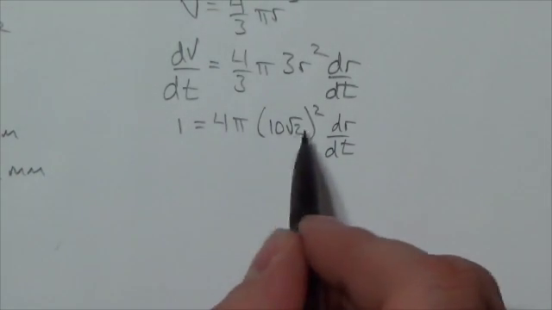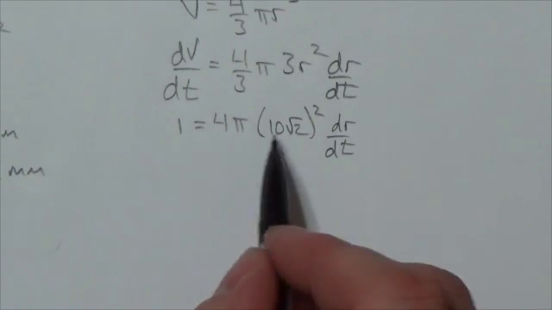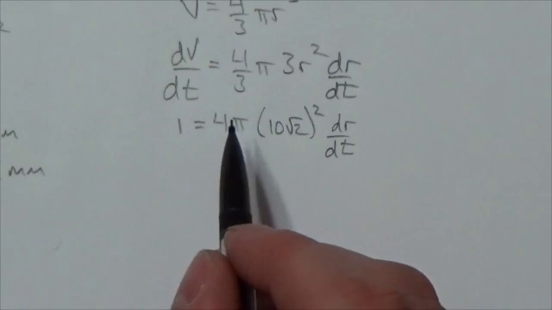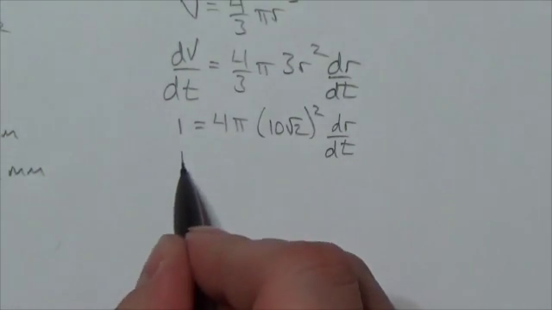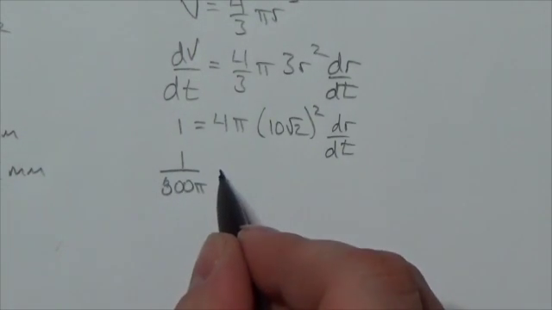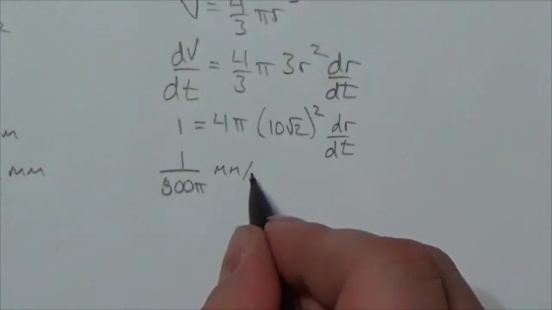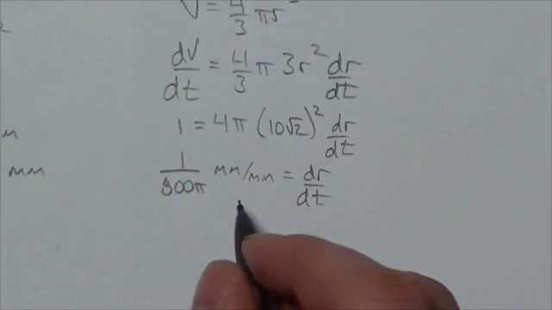It turns out this works out really nicely. 10 squared is 100, root 2 squared is 2, so it's going to be 200 times 4, 800 pi. So when I divide, it'll be 1 over 800 pi, and this is going to be millimeters per minute, because I changed the units here to millimeters.